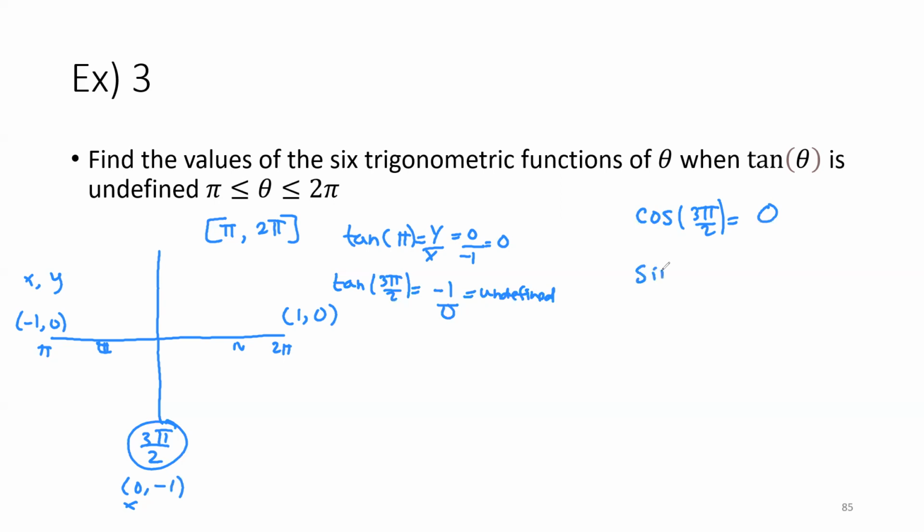The sine of 3 pi over 2 is the y value. You don't have to do the SOHCAHTOA or the y over radius thing. It's just -1. Tan of 3 pi over 2 is y over x. So the y value is -1, and the x value is 0, which means it's undefined.